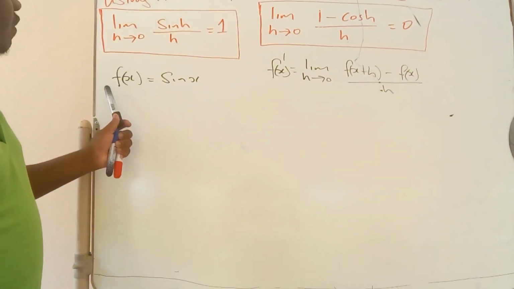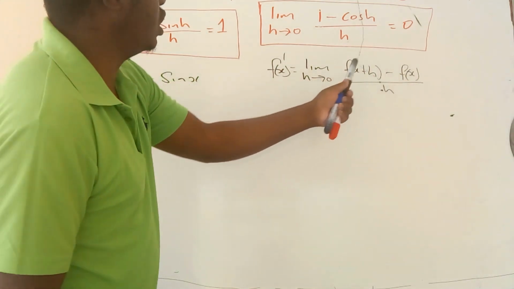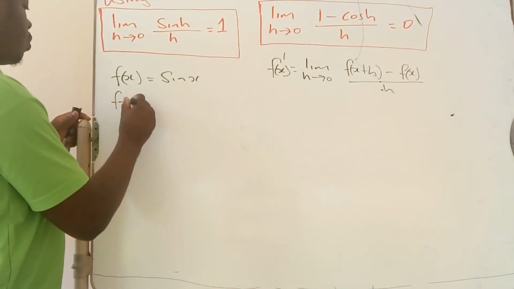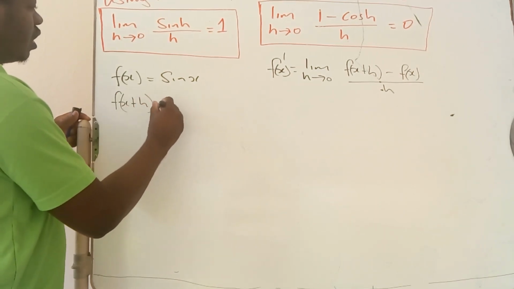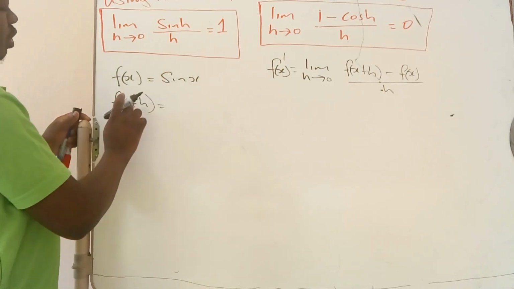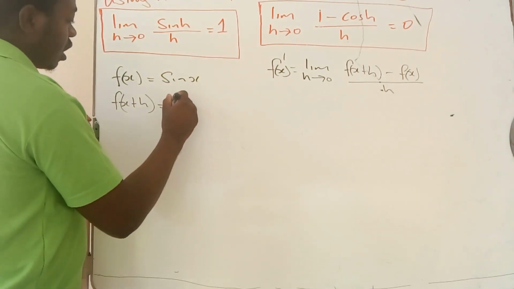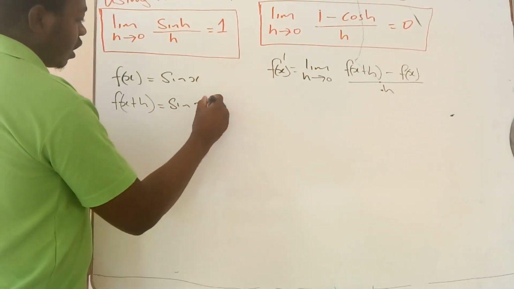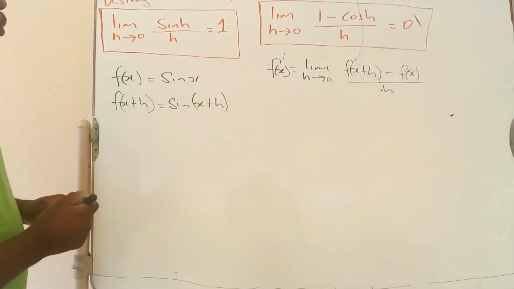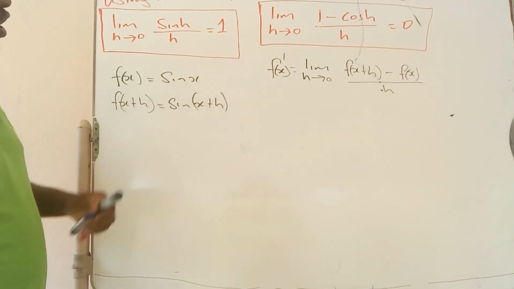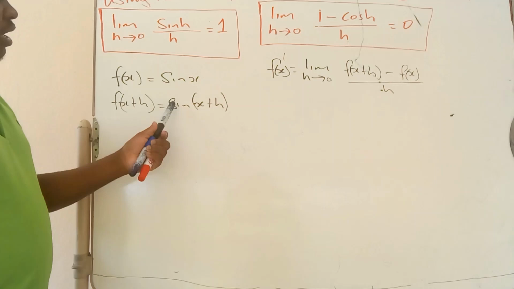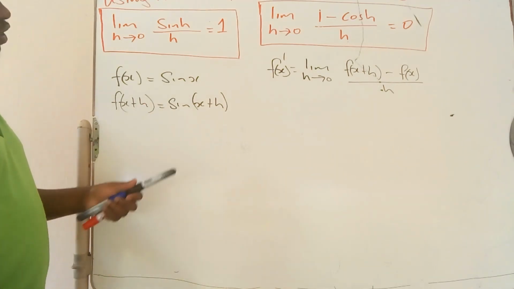So now we have f of x already in our formula. We need f of x plus h. So f of x plus h is equal to, anywhere you see x in this function, replace it with x plus h. So that's just sine of x plus h. But what is sine of x plus h? You can use the identity for sine of an angle plus an angle to expand this.